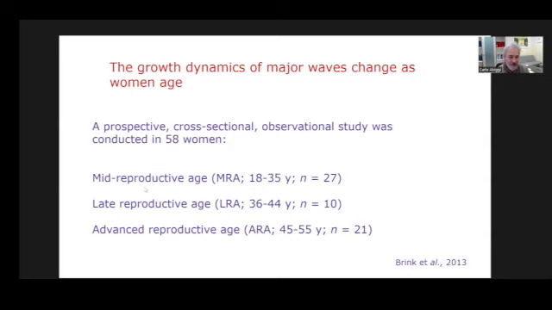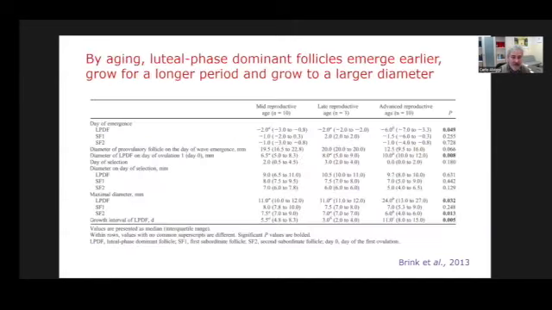So we have patients in mid-reproductive age between 18 and 35, late reproductive age, 36 to 44 years of age, or advanced reproductive age between 45 and 55. And so folliculogenesis had been studied by scanning at different stages during the menstrual cycle.